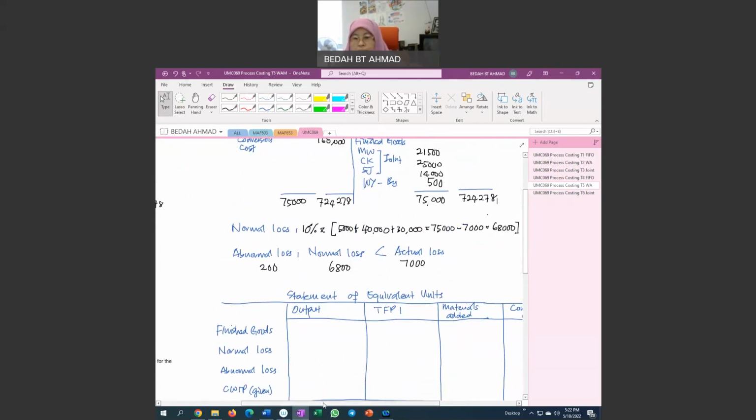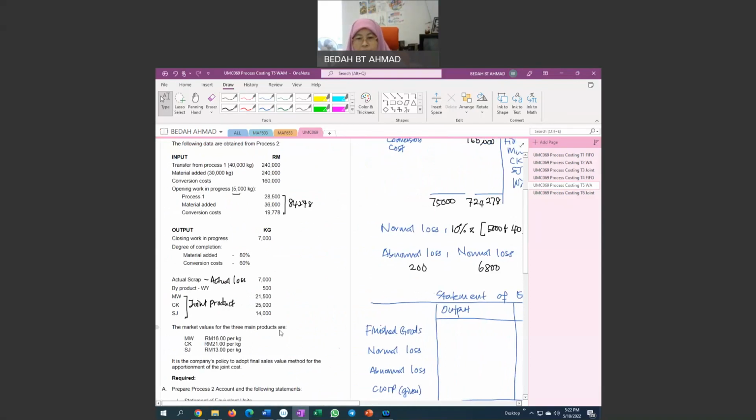So 61,000 is made up from this figure, so that 500 plus 21,500 plus 25,000 plus 14,000, so 61,000. Okay, so we put it as a finished good there.